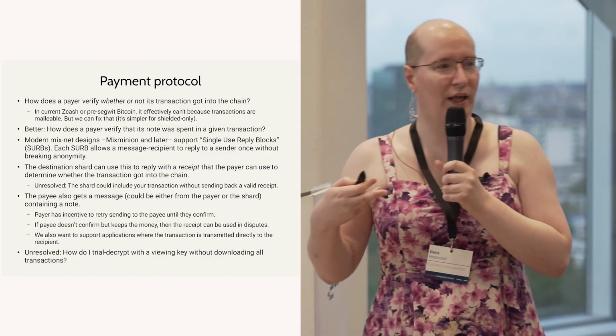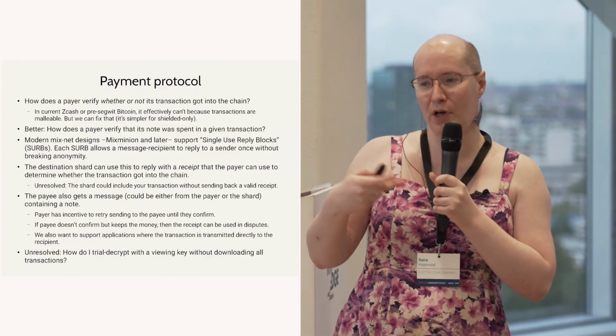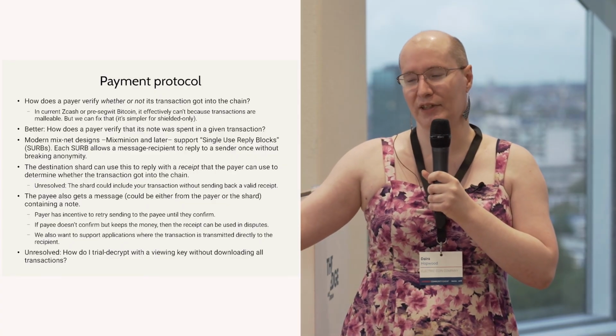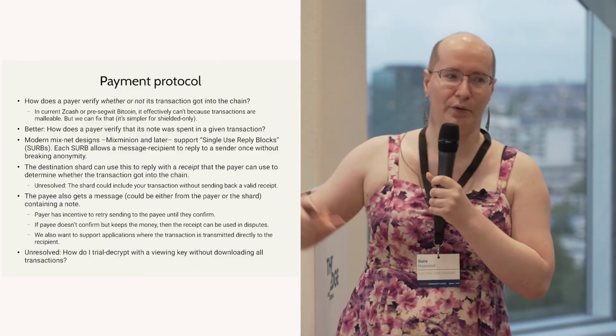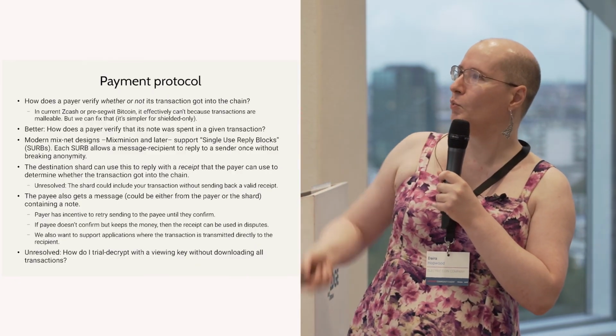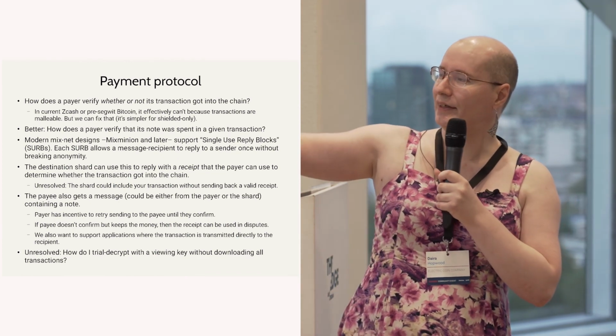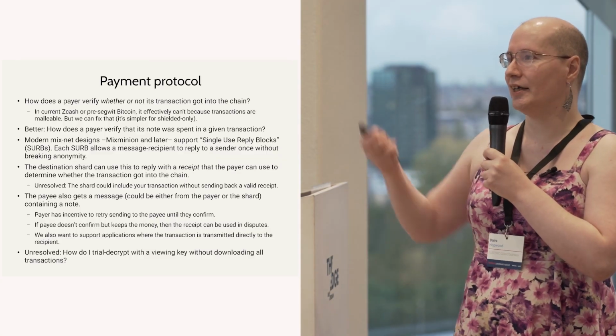To solve non-malleability, you really want to know that your transaction got into the chain, and there are some details about how you prove that. You can probably use receipts, but then what if the transaction is included and you don't get a receipt? There are some details here that haven't been resolved, but basically it works.